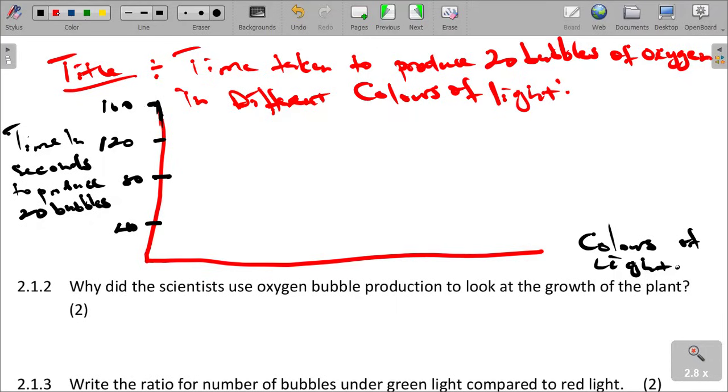That is our scale: 40, 80, 120, 160 is my interval there.